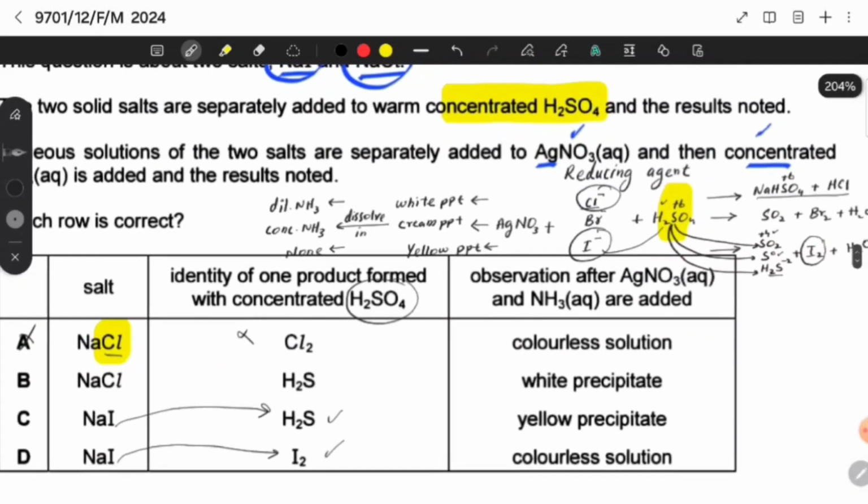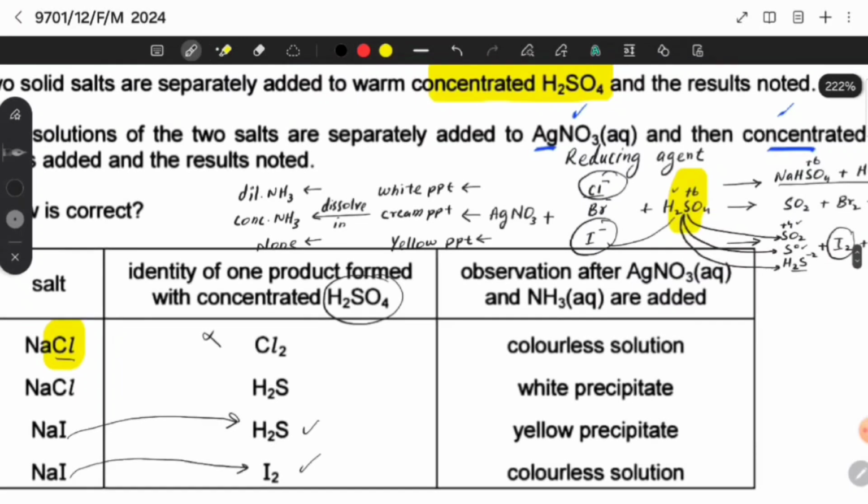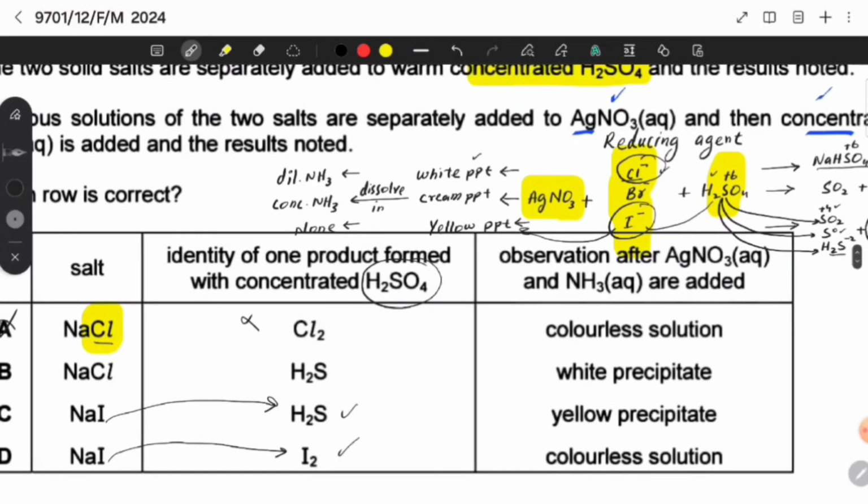So when you add silver nitrate into these halide containing salts, then if there is chloride, you will get white precipitates, and if there is iodide, you will get yellow precipitates. And we know that on further adding ammonia, if you add dilute ammonia, this white precipitate will dissolve.